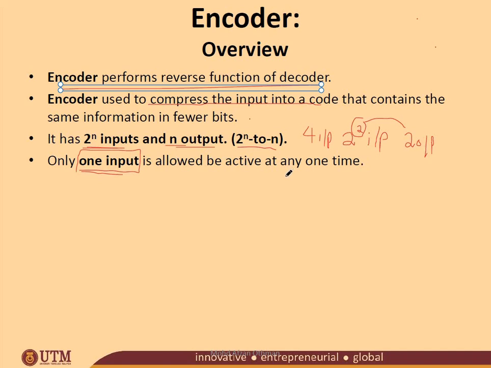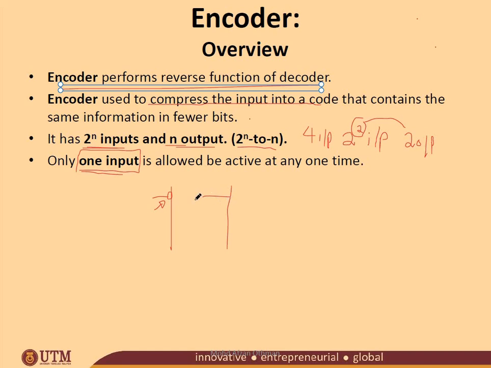As you have learned from the previous lecture about these chips or circuits, we have active low or active high, so you need to make sure which one it is referring to. If we have a chip with a bubble, it means the active state is low. If we have just a normal one, the active state is high.